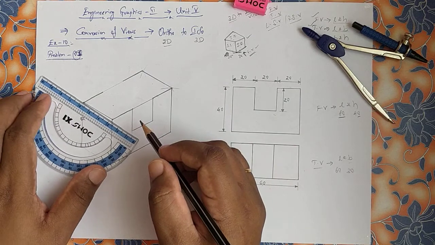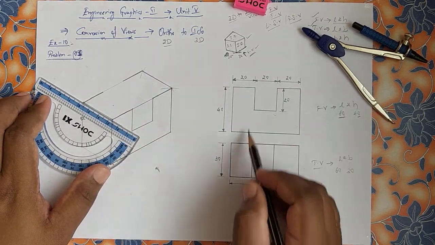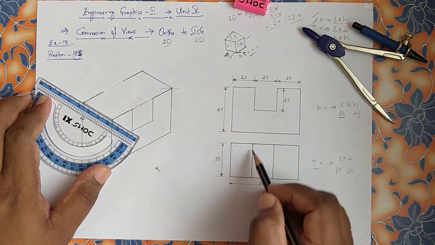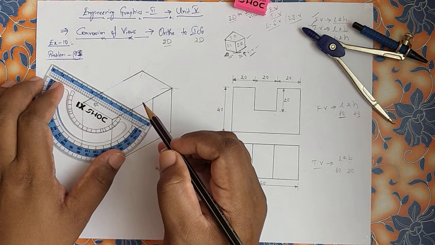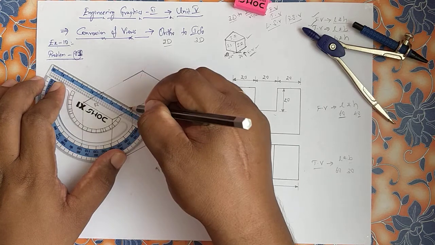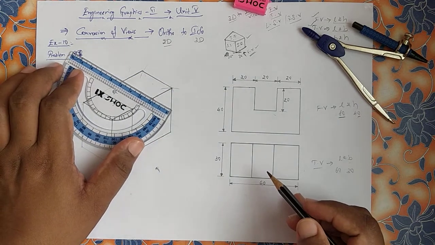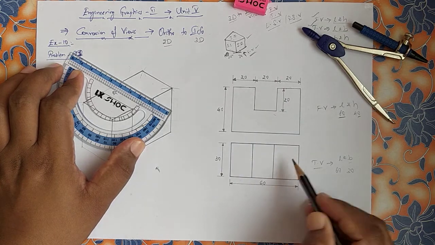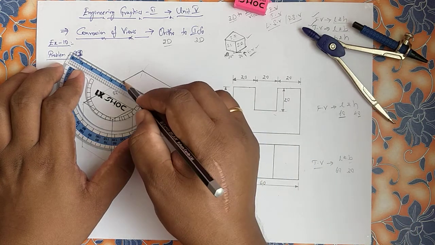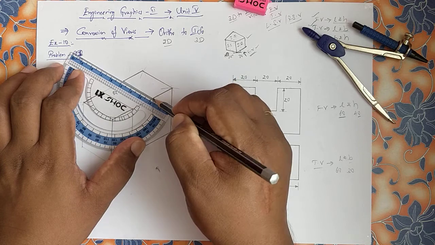Now here parallel lines, if you observe from here to here, it is completely thick. At this height, this complete rectangle, at the complete height of 40, just join the corners. Now at this height, this complete rectangle, I am joining the corners, just dot corners.